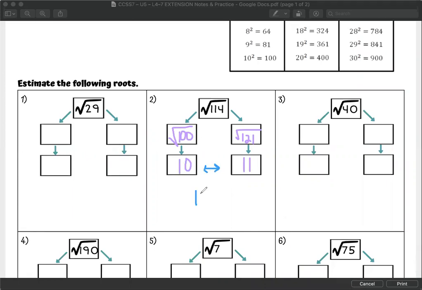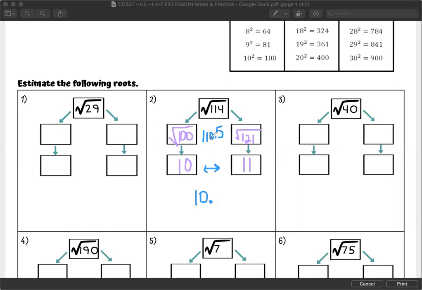I know that my whole number will be 10. I have to figure out what the decimal value should be close to. Again, I like to look for my halfway point between 100 and 121, which is going to be at 110.5. So I already know that 114 is higher than halfway, so it's going to be higher than 0.5.